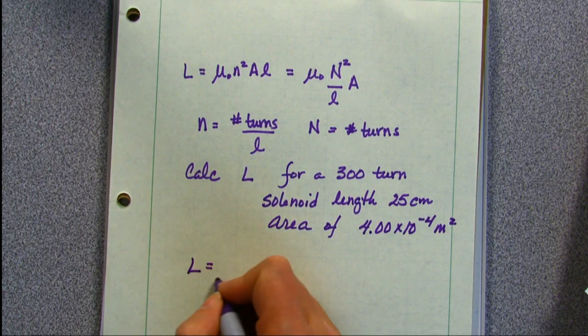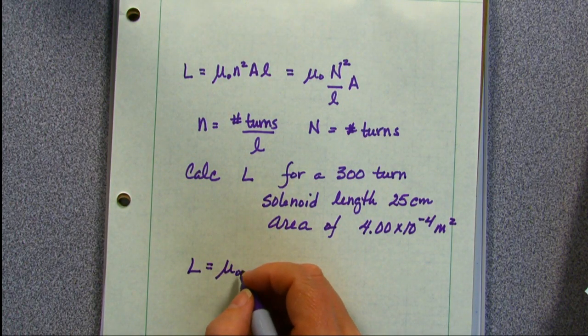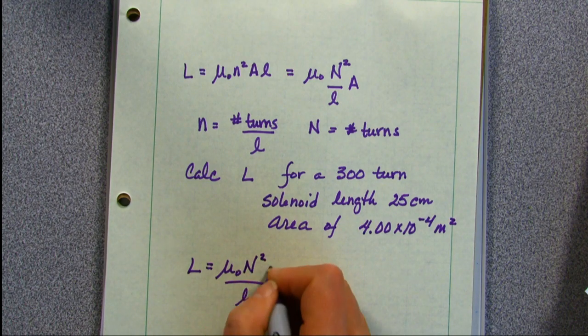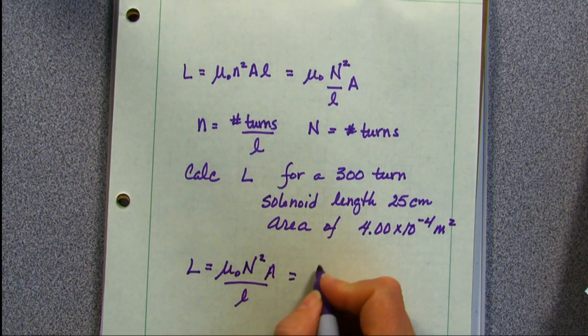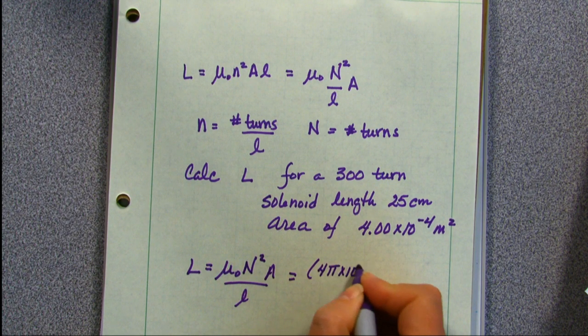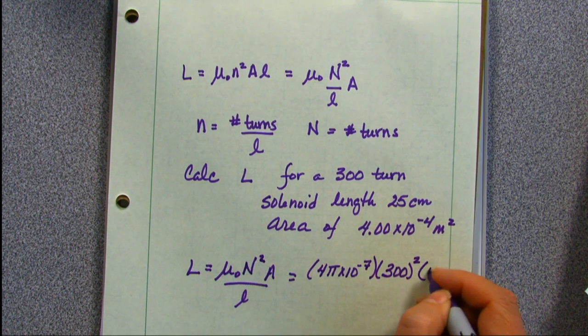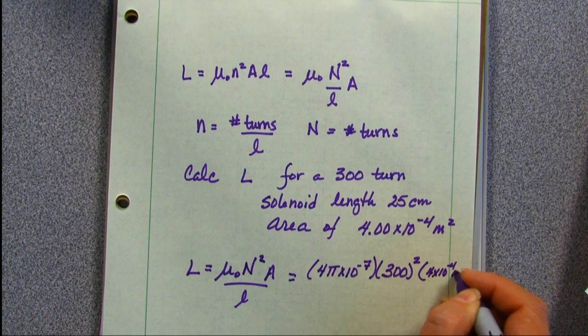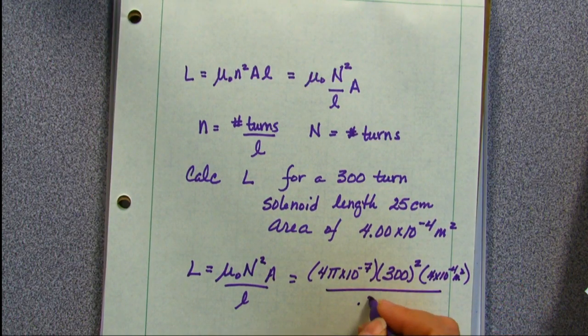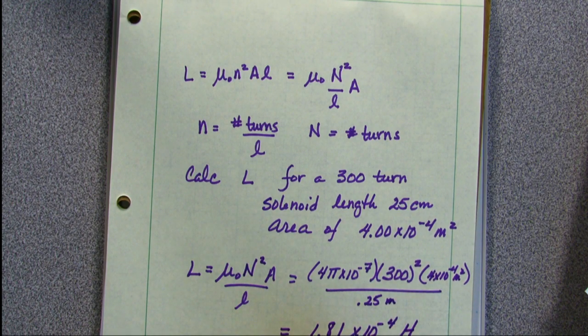So L is going to equal mu n squared LA, because that's what we've been given. So I'm going to get my 4 pi times 10 to the minus 7, I have 300 turns squared, the area is 4 times 10 to the minus 4 meters squared, divided by 0.25 meters. And that's going to give me 1.81 times 10 to the minus 4 henries, or 0.181 millihenries.